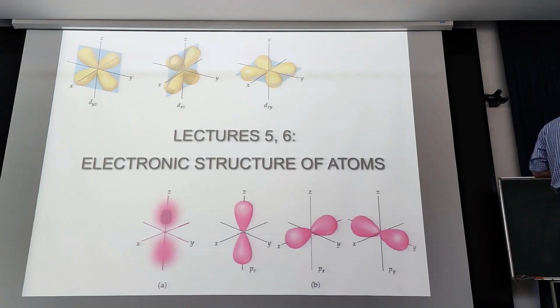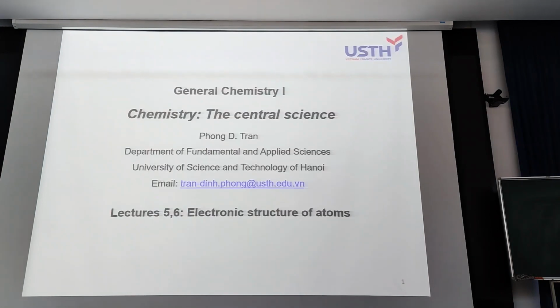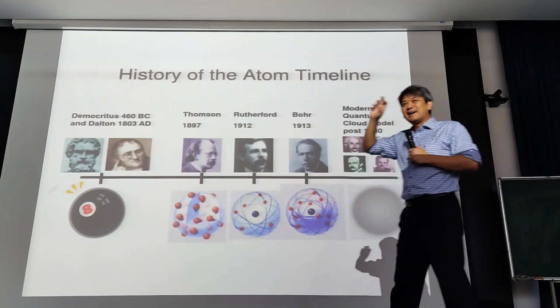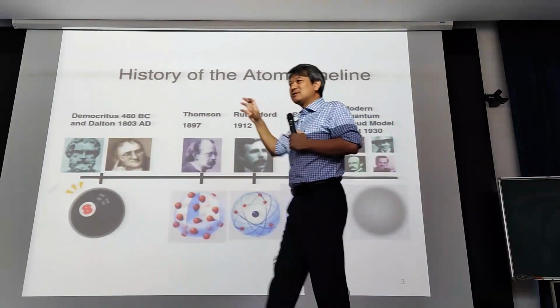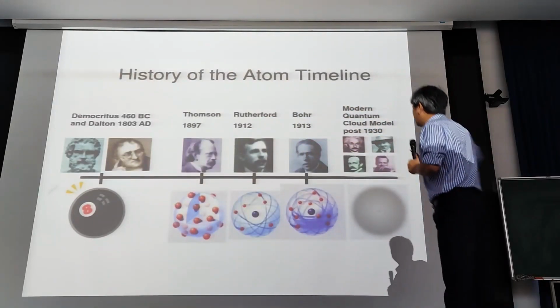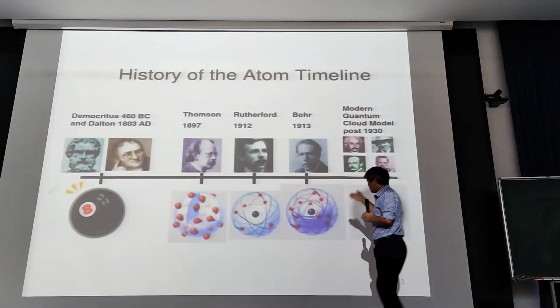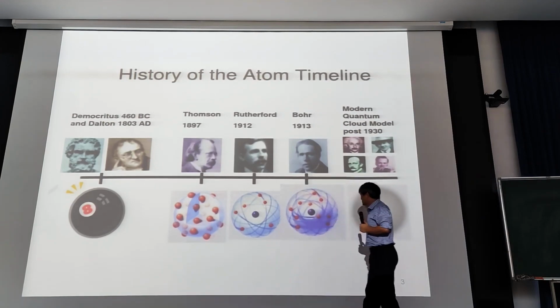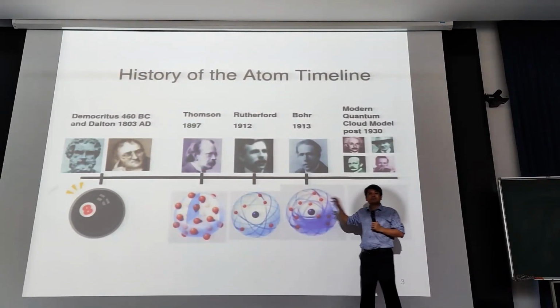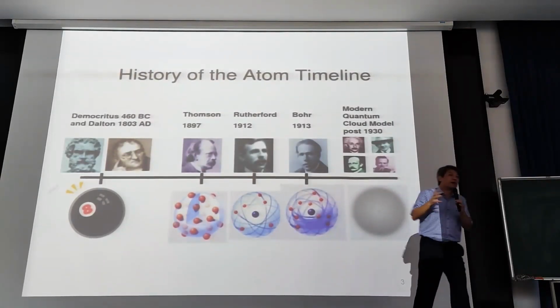Here we remember that we started from a very unclear imagination, a philosophy about the structure of the atom, and then progressed step by step. Starting from today, we will talk about the modern structure: how the electron runs around the nucleus, and if you have several electrons, how they are arranged.